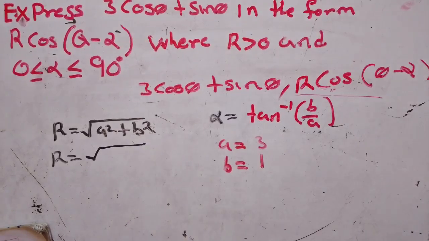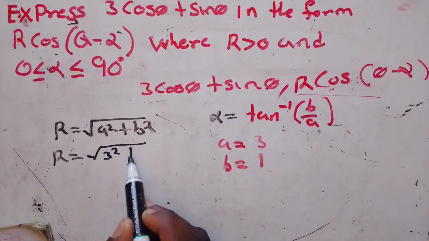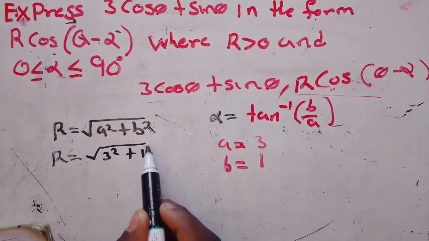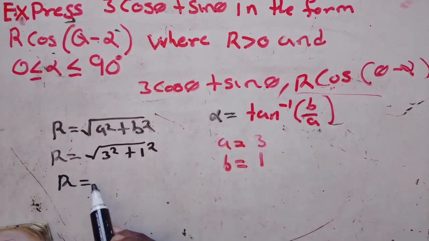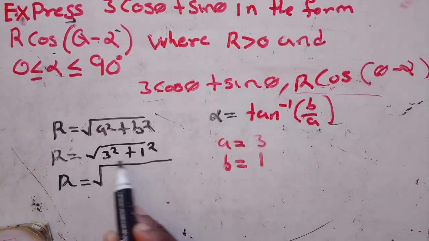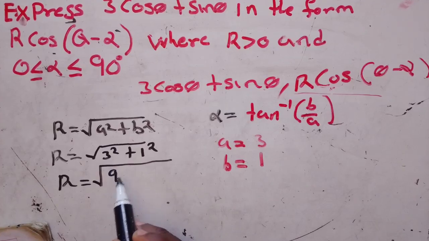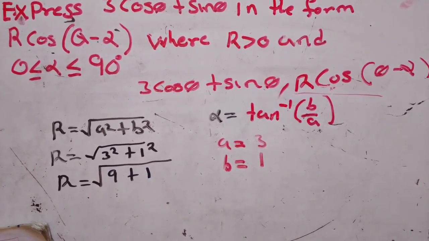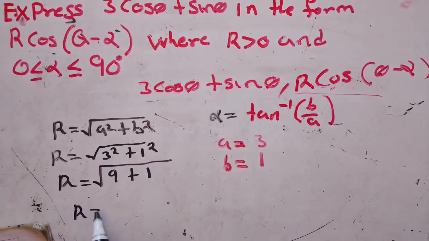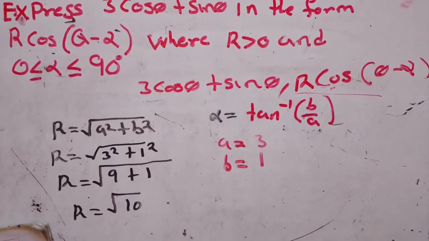Our a is 3, so we have 3 squared plus b squared, which is 1 squared. 3 squared gives you 9, plus 1 squared which remains 1. 9 plus 1 gives you 10. So our r is equal to the square root of 10.